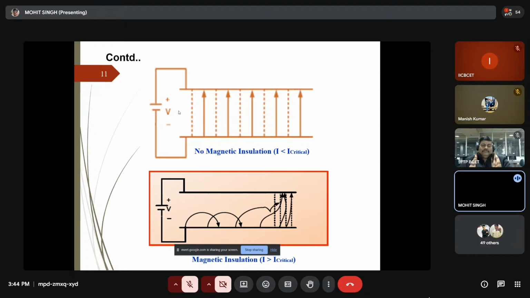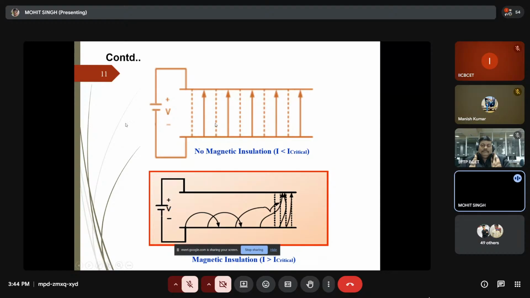Now, if the voltage is sufficient, then it will generate sufficient current. And if the current is greater than the critical current, then a sufficient magnetic field will be generated, and these electrons are prohibited from reaching the anode.